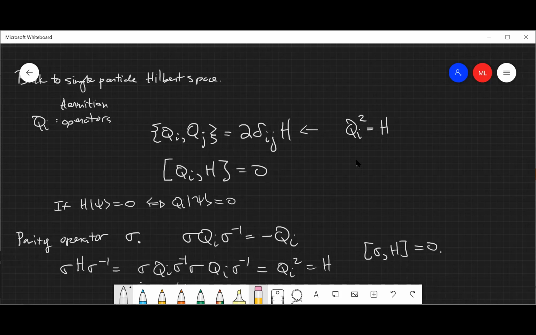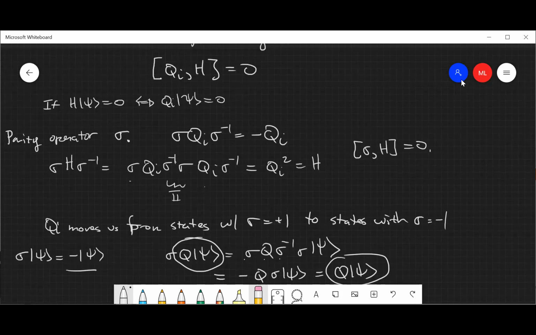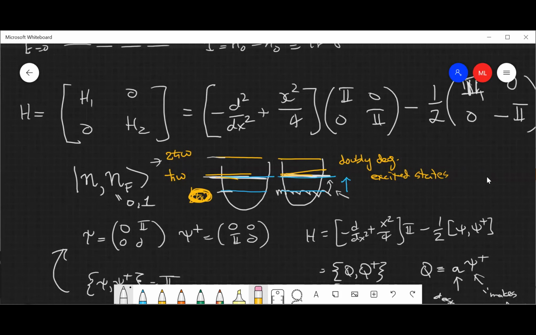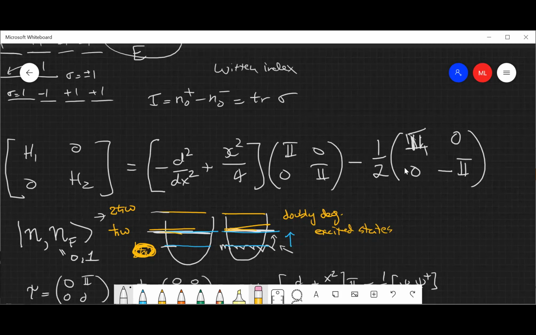And you can work this all out explicitly by looking at this funny harmonic oscillator where you shift one of the ground states to 0 and the other one up by a half h bar omega. So you have this really nice setup of doubly degenerate excited states and a single ground state.